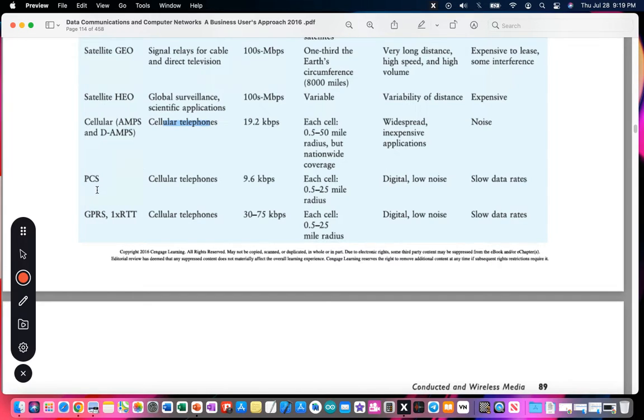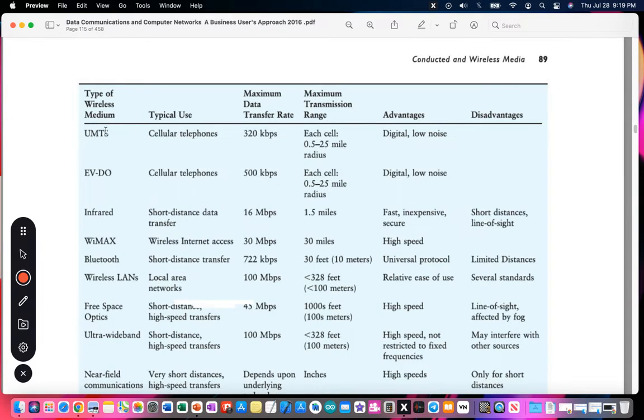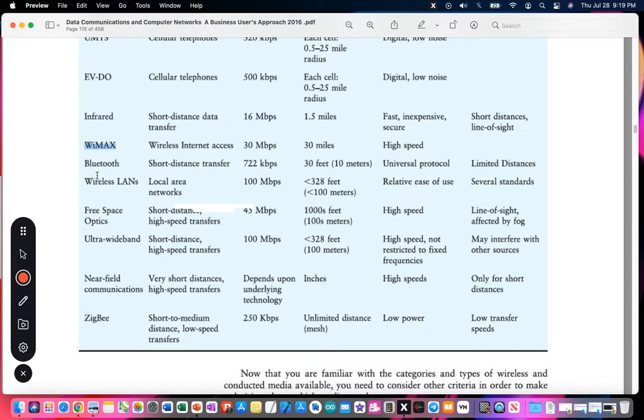And the PCs, cellular phones, and UMTS, then the EVDO, then the WiMAX, the wireless LAN, the Bluetooth.